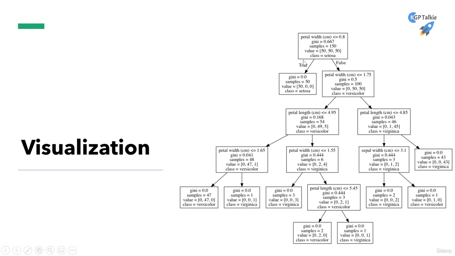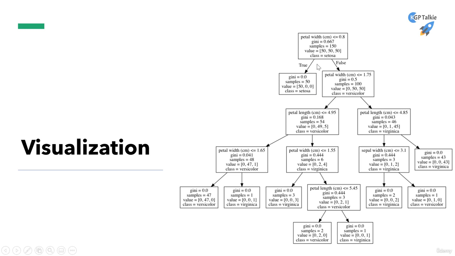Then for the class Setosa, it tries to split. If it is true, then it is classified with 100% accuracy. That means impurity is 0, that is, the Gini index is 0 there. In the Setosa node we have these 50 samples.